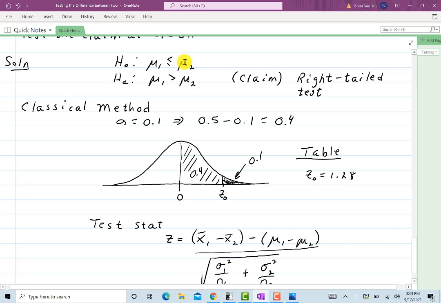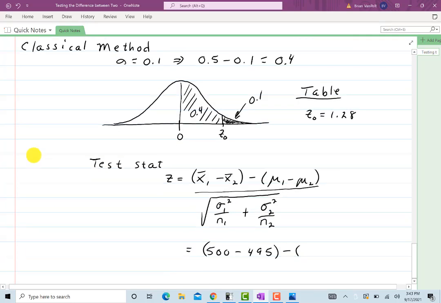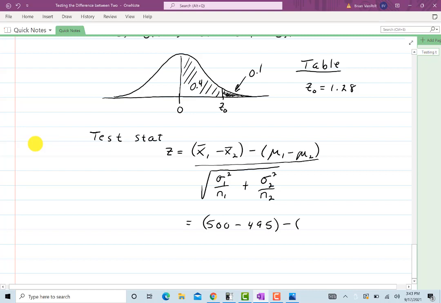That means that if I consider mu1 minus mu2, H naught says there's the possibility that those means are 0. HA is trying to tell you that one's bigger than the other. H naught is trying to say, no, they're no more than equal to each other at the very worst.